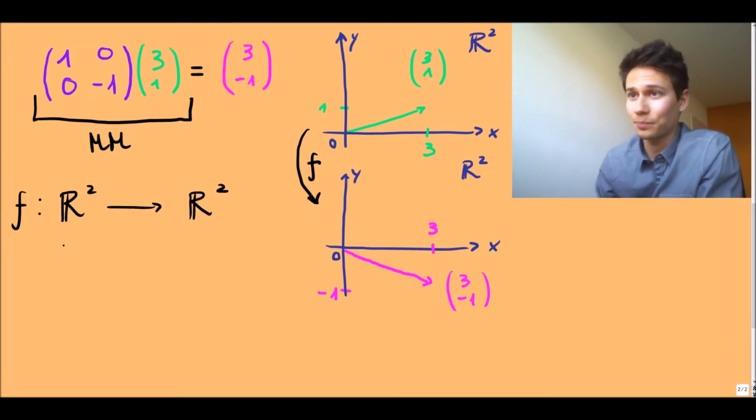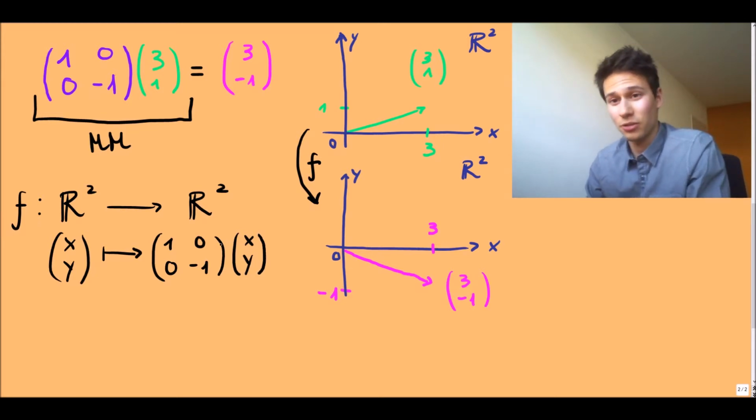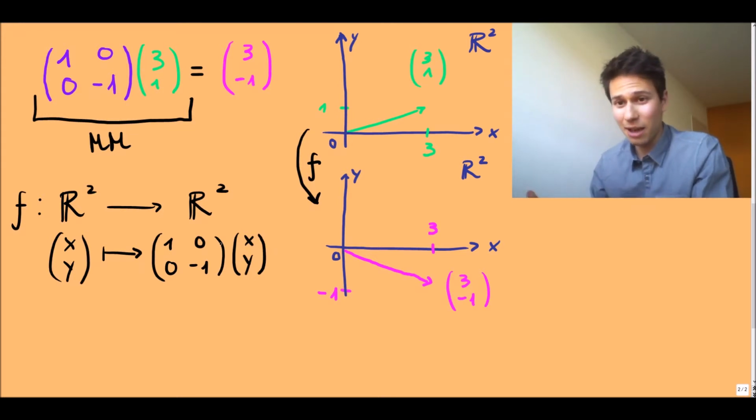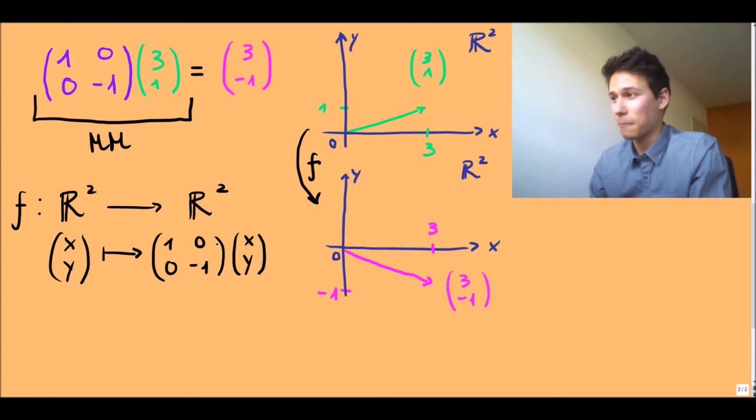It takes a random vector x, y and it maps it to our new vector, which is now the matrix 1, 0, 0, -1 times x, y. So now you see that applying a matrix to a vector can be seen as a map. And this is one of the main reasons why we need these matrices.